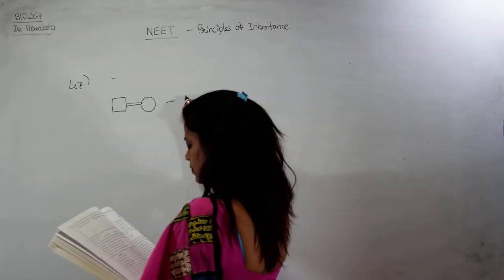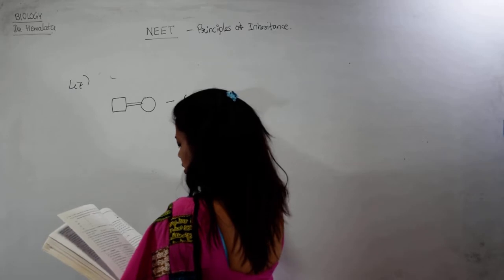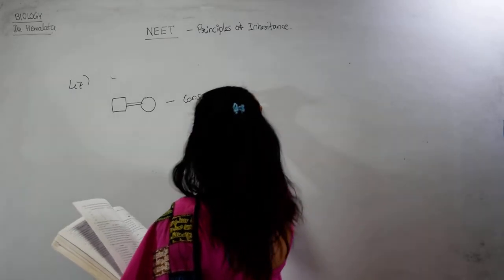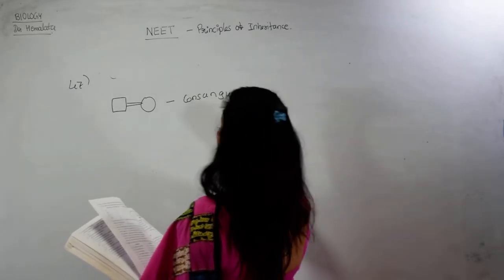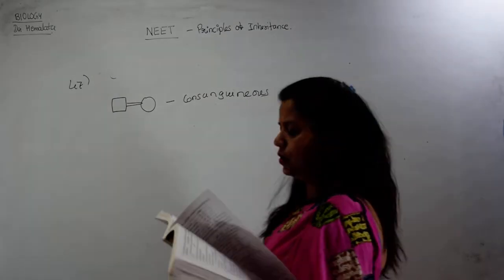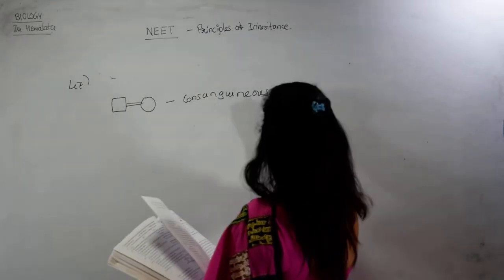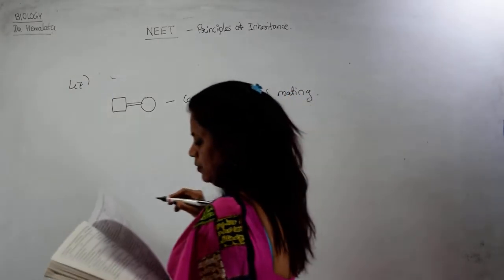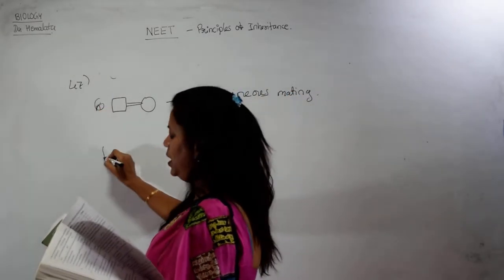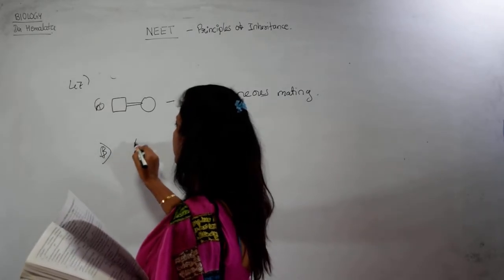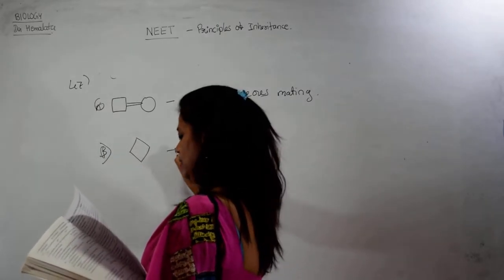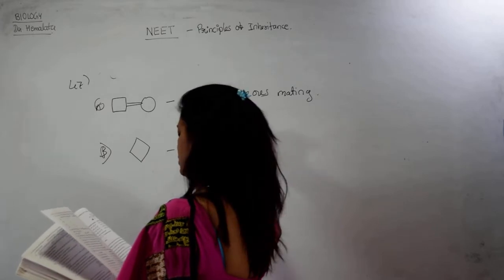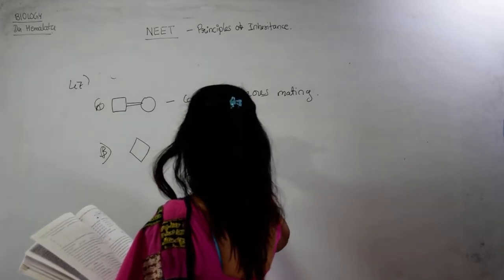This is called consanguineous mating. They are given the first one as a consanguineous mating. This is option A. Option B they have given this way, this is sex unspecified.